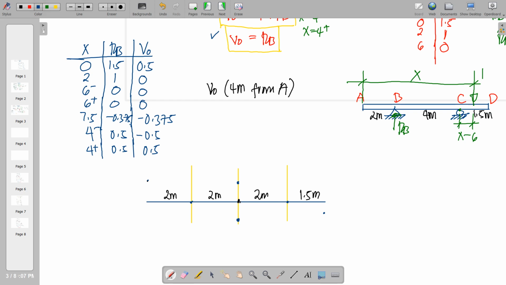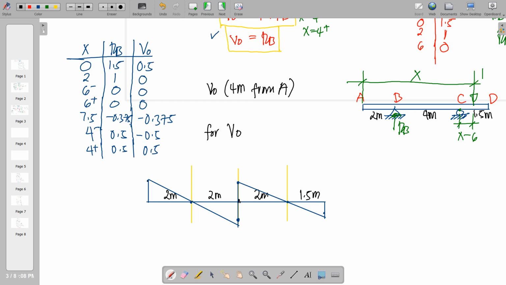Connecting that by straight lines, we will have this as our influence line for the shear at point O.